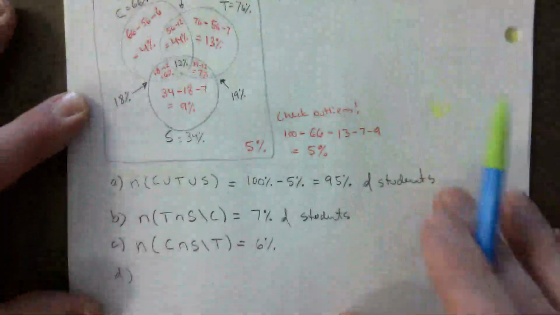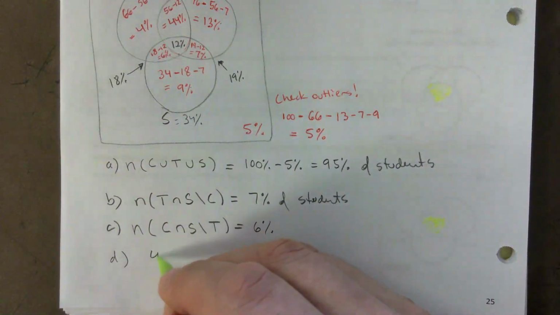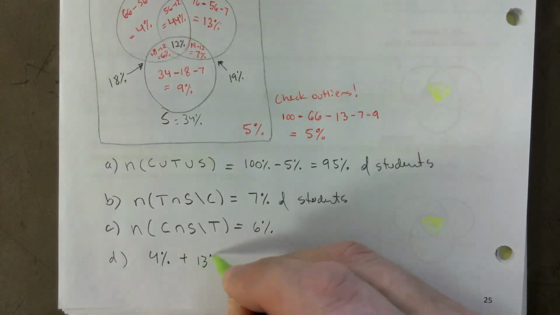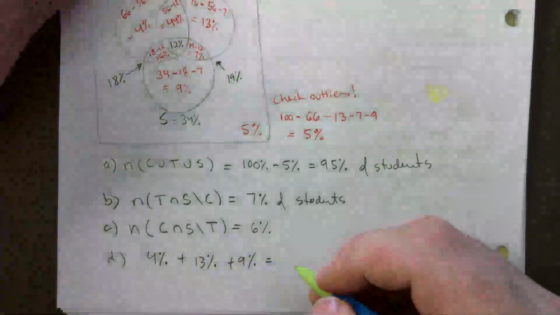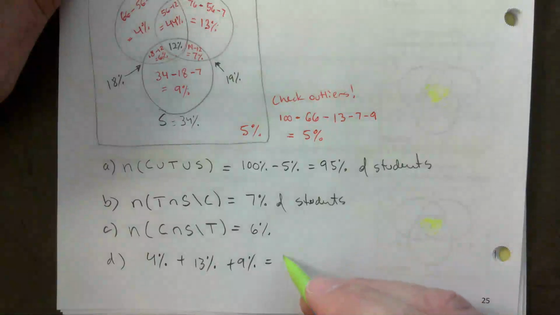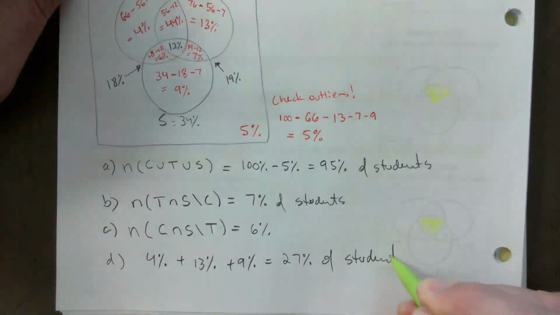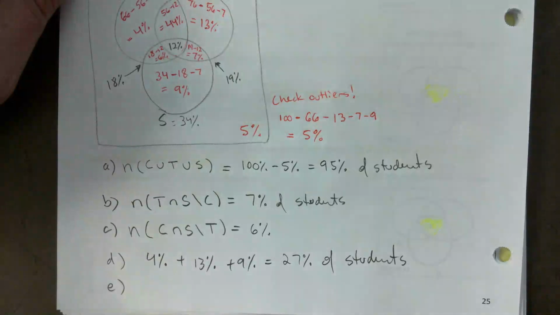Okay, so here we go. I'm just going to have those numbers show up because the notation, to be honest right now, I'm not even sure if I know how to do that. So that would add up to 27. 20% of students.